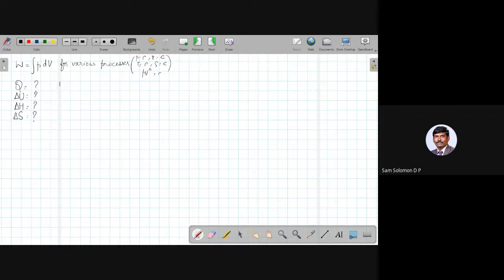Okay, so we will start with the isochoric process. Very important, very important. Using this only we are going to solve the problem. Some equations are going to be very basic, and you should remember them; they will automatically go into your memory if you start solving a lot of problems.